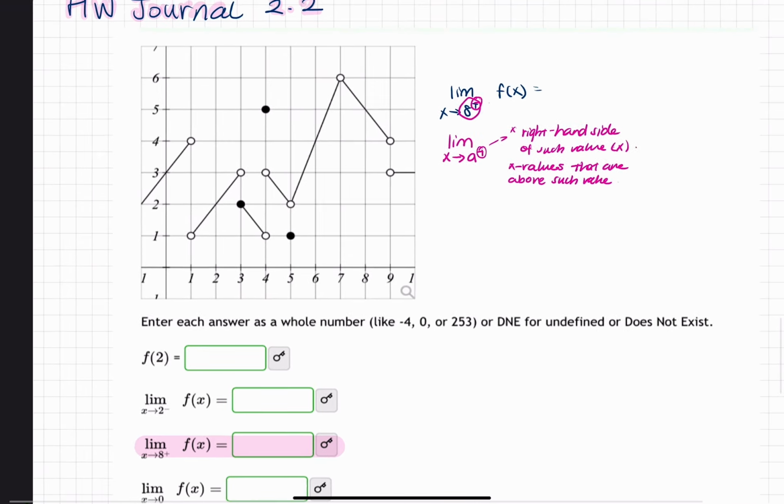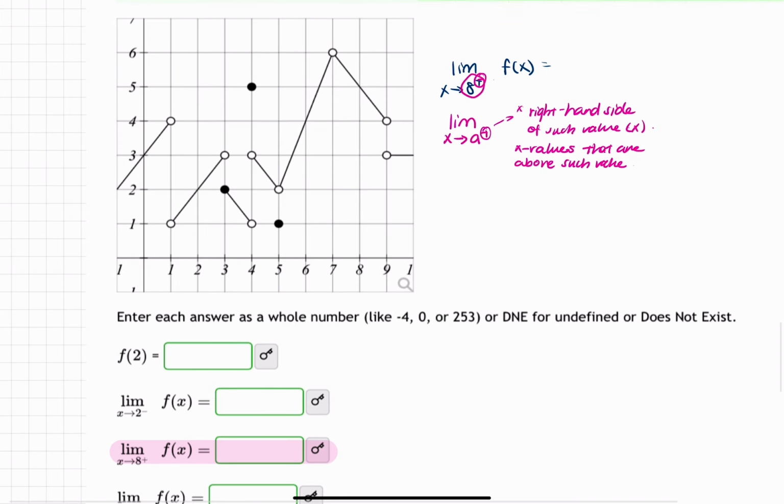So how do we solve it through our graph? Firstly, we're looking for the value 8 on the x-axis. It's right here, and let's draw a dotted line to make it a little clearer.